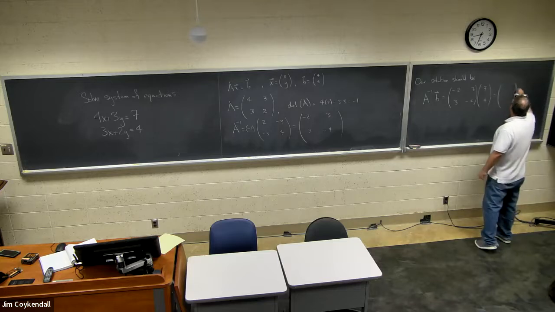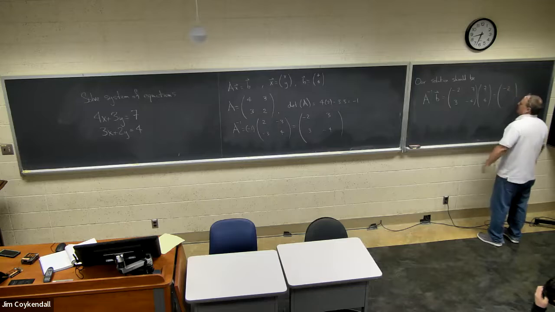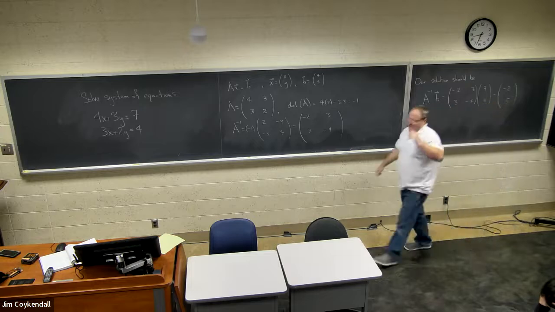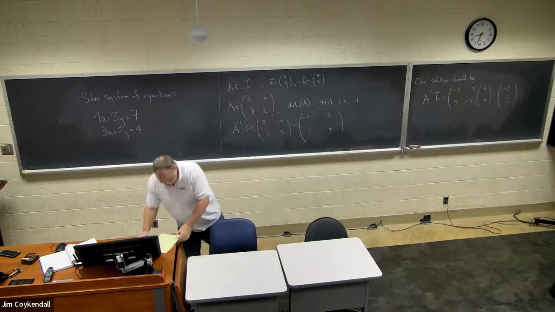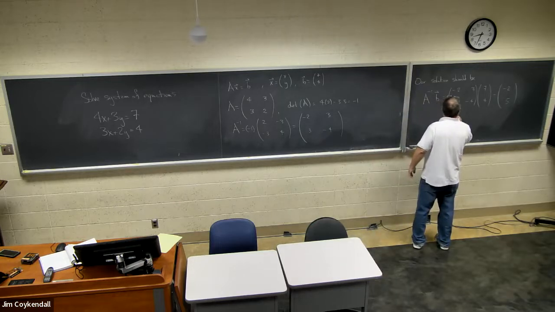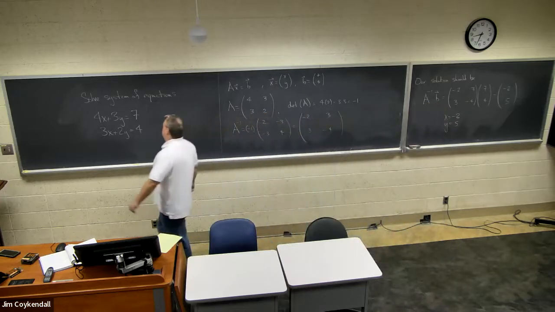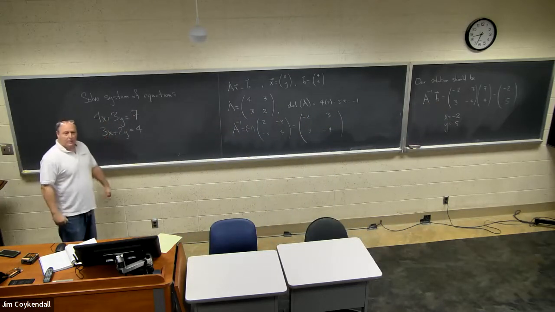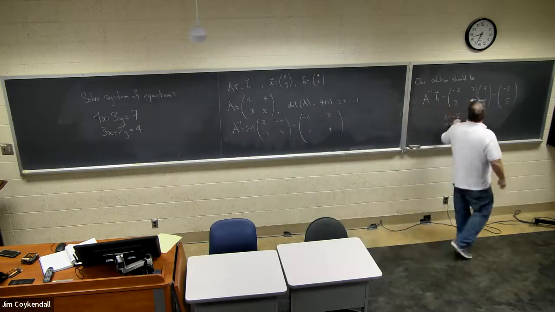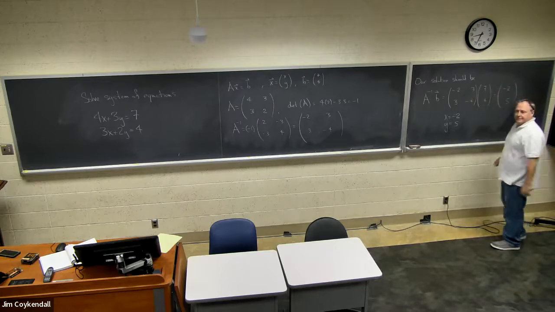And this becomes the vector: -14 plus 12 is -2, and 21 minus 16 is 5. So that's the interpretation. And you can test and see that this works. But the magic of this is that the solution can be spit out automatically by multiplying the inverse matrix A inverse times a vector. There it is.